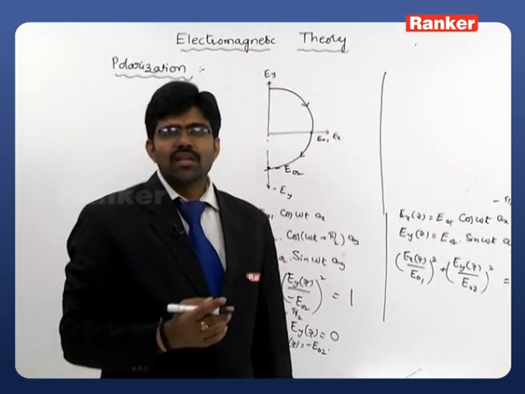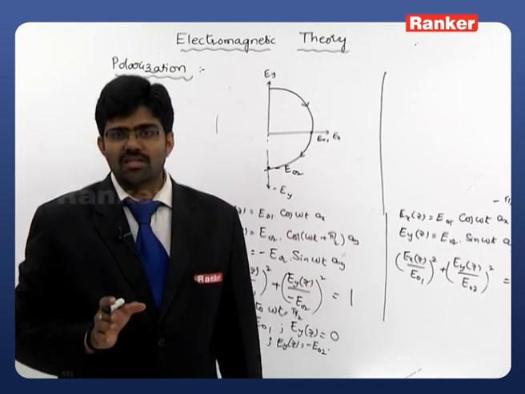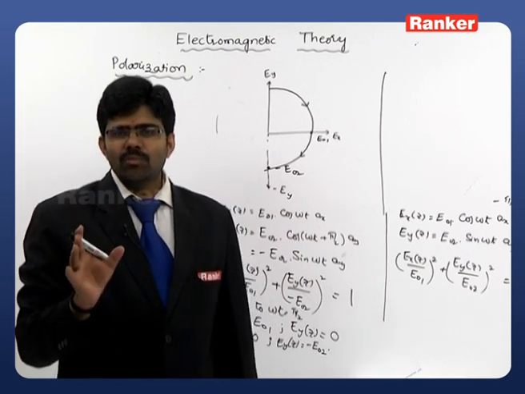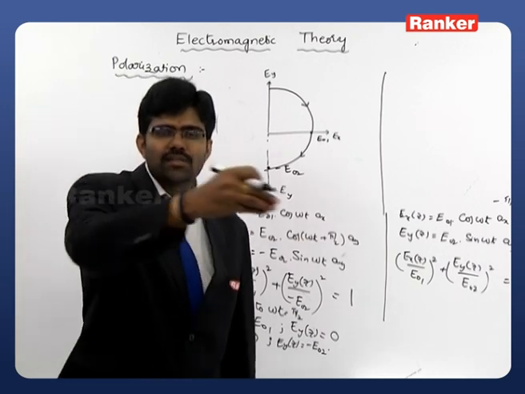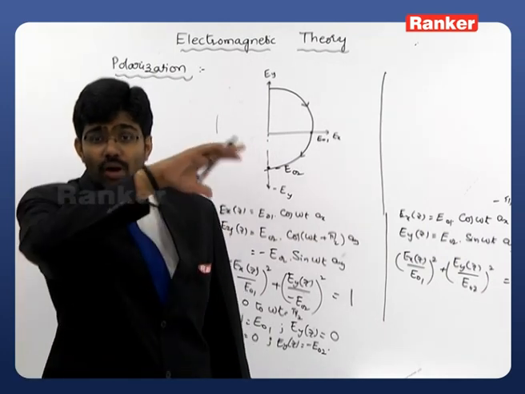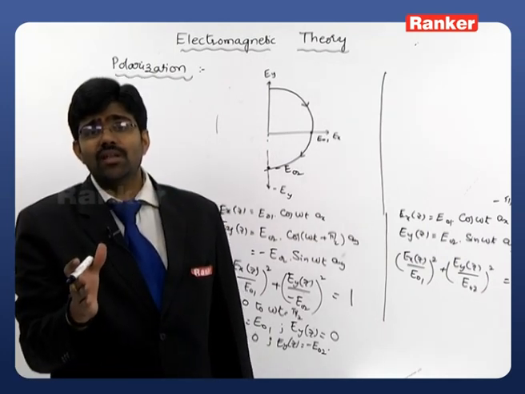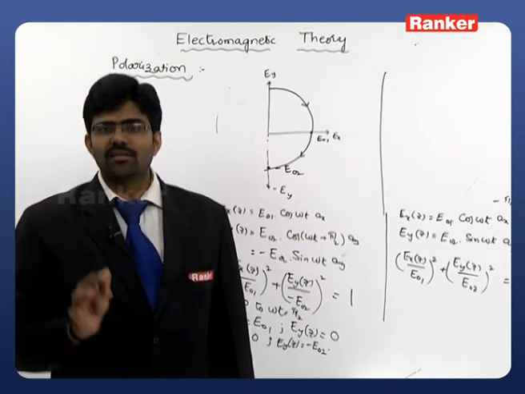So the rotation is taken from y to x. This is clearly a left-handed coordinate system. So always remember that whenever we take a general rotation from x to y, y to z, z to x, then it is said to be right-handed. But here the rotation is taken from y to x. Since it is from y to x, it is said to be a left-handed elliptically polarized signal.